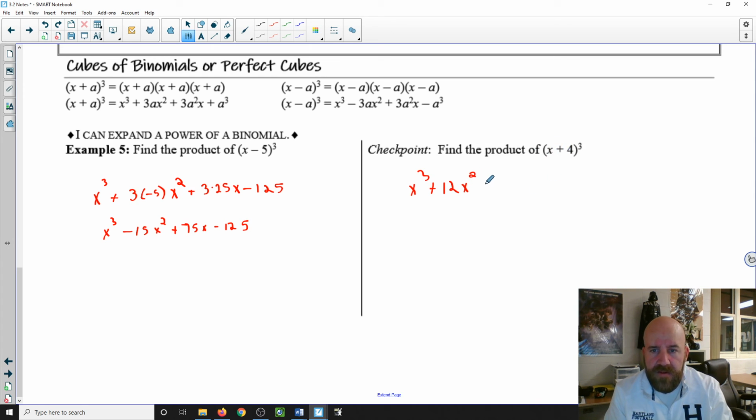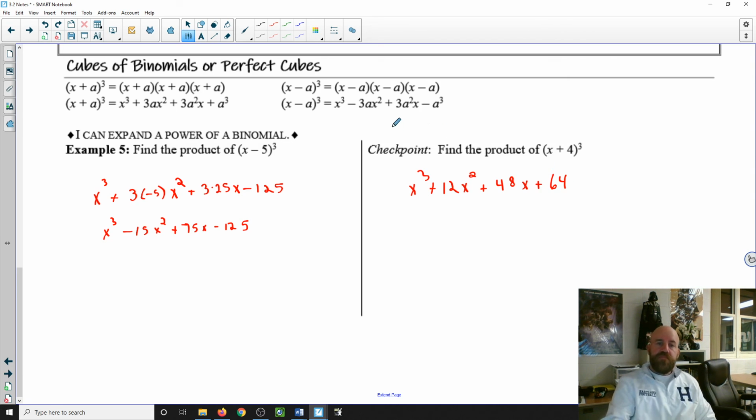And then plus, we go 3 times 4 squared, so 16 times 3 is 48. And then plus 4 cubed, so 4 times 4 times 4, so 16 times 4 should be 64. Okay, so that would be the answer.